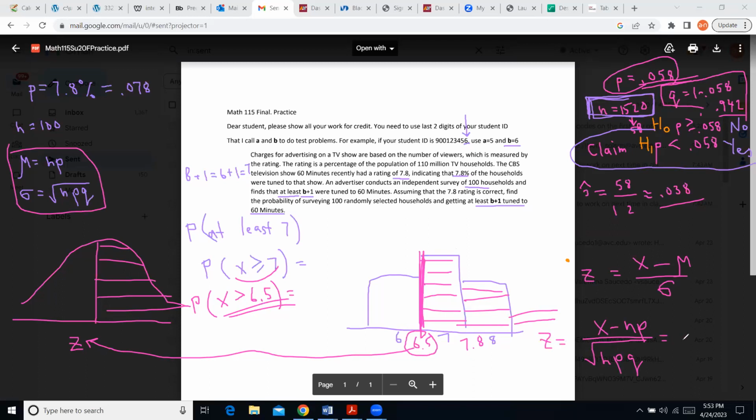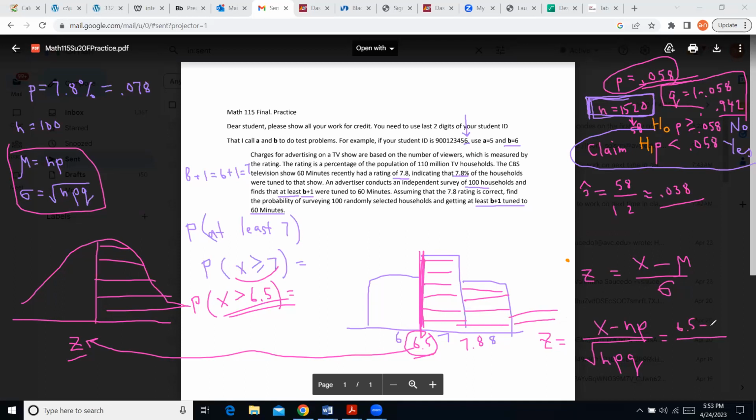So let me put some numbers in it. We now need to get to the actual value of x. So the question is, what is our value of x? It is approximated to 6.5.